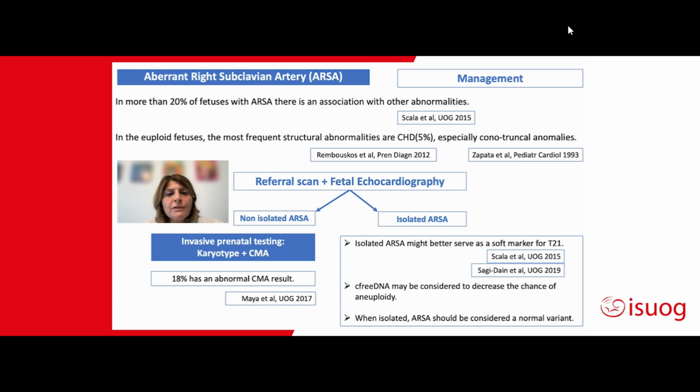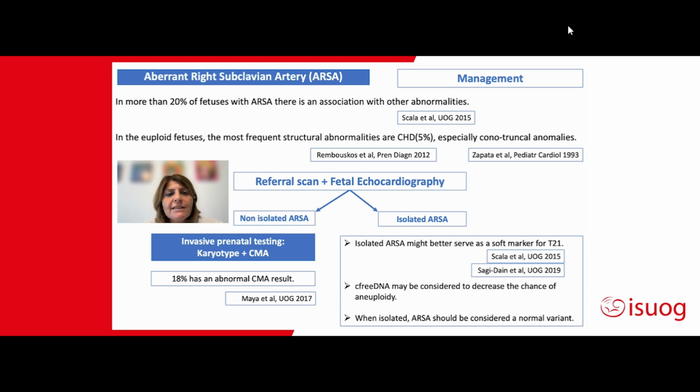In more than 20% of cases, ARSA is associated with additional anomalies. Therefore, a referral scan should be performed along with fetal echocardiography. Pregnancies presenting with ARSA and additional sonographic anomalies or markers suggestive of trisomy 21 should be referred for invasive prenatal testing.